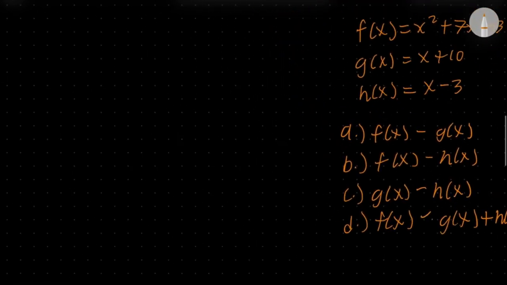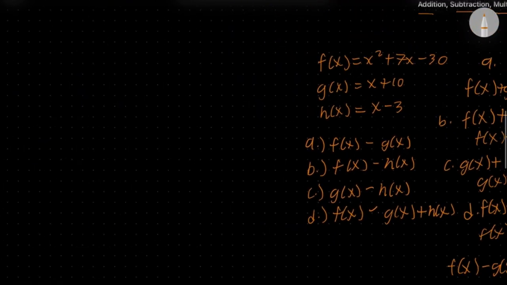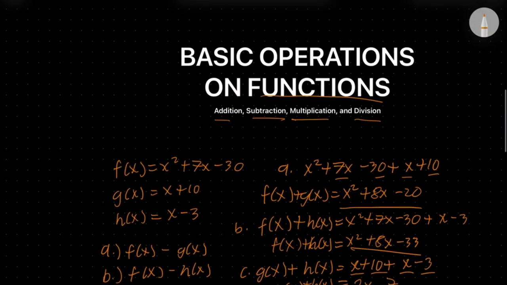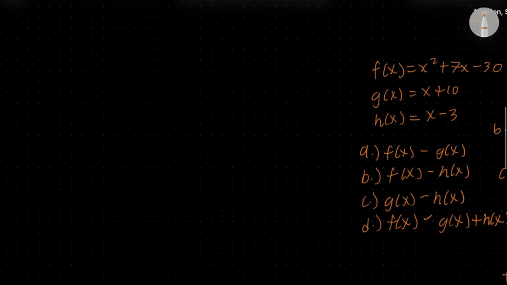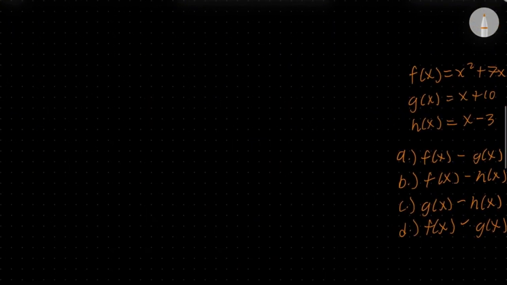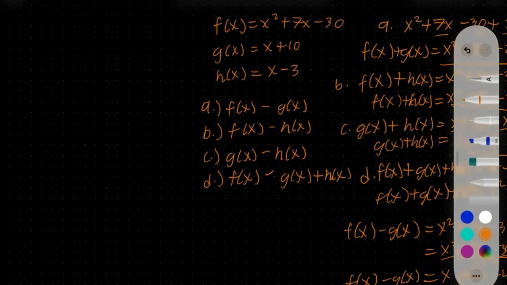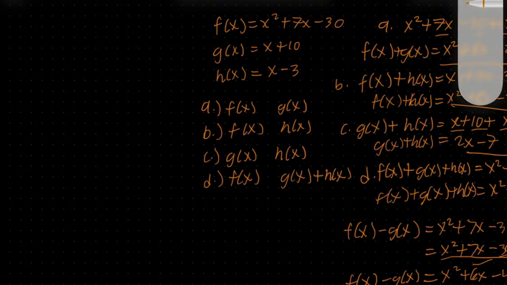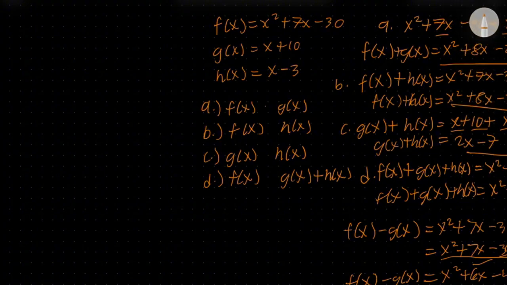Now we shall move on to another basic operation on the function, which is multiplication. Okay, we are just gonna change the sign again into multiplication, and we'll use the same given to make it easier. Multiplication.